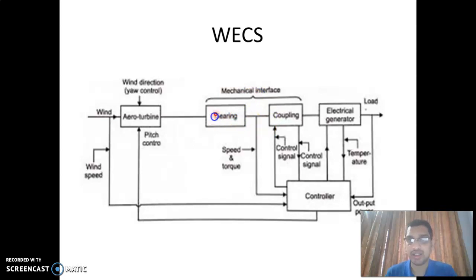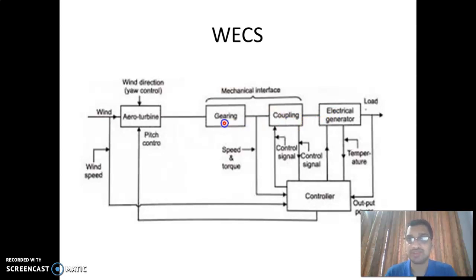The function of gearing is to handle the wind speed. Wind speed is not controlled by human beings. Sometimes the wind speed becomes higher, so the rotation of the turbine also becomes higher. It affects the working of the generator because the generator has a rated speed. If the generator works above the rated speed, it will be damaged.